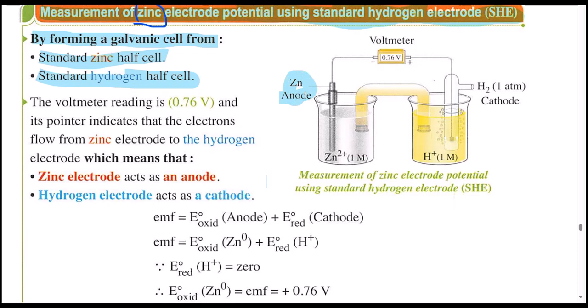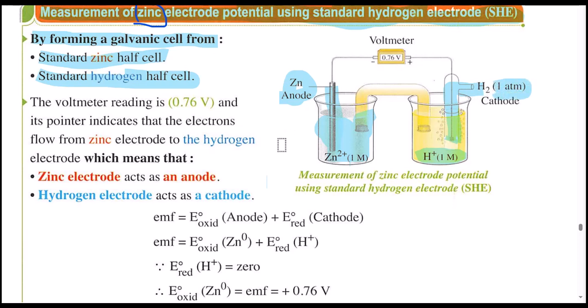It is a zinc sheet dipped partially in a zinc solution with the ion concentration of zinc equal to 1 molar, and the standard hydrogen electrode, a platinum sheet with a surface area of 1 centimeter square, dipped in a solution that contains hydrogen ions with a concentration of 1 molar, and hydrogen gas flows on this platinum sheet with partial pressure of 1 atmosphere.